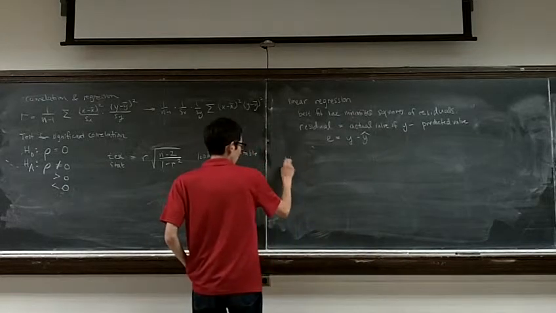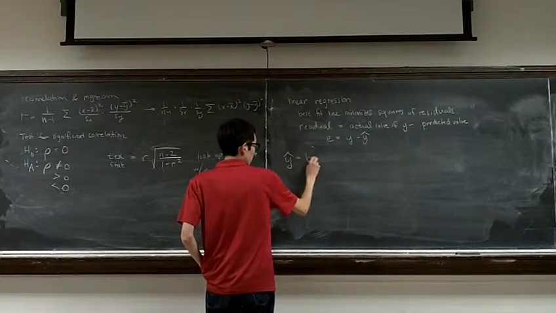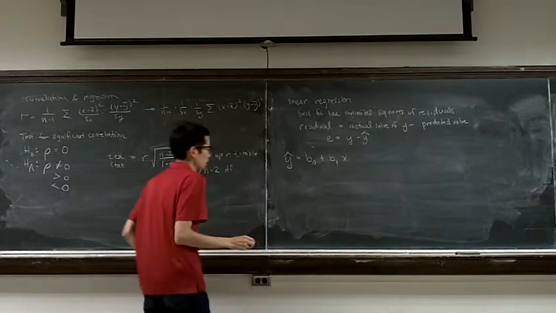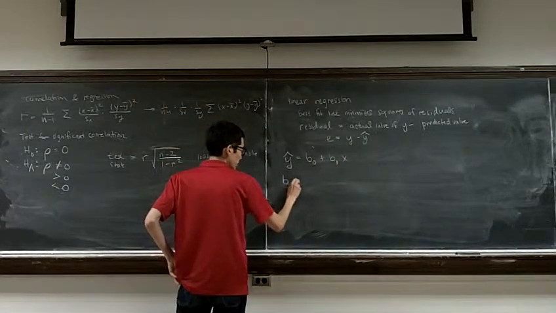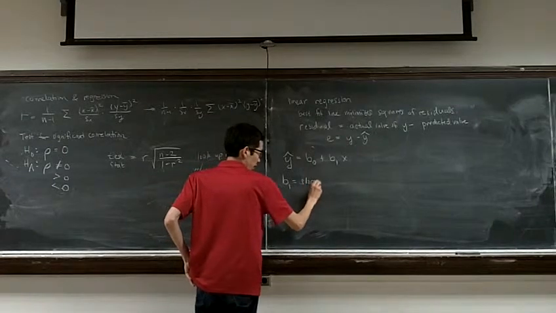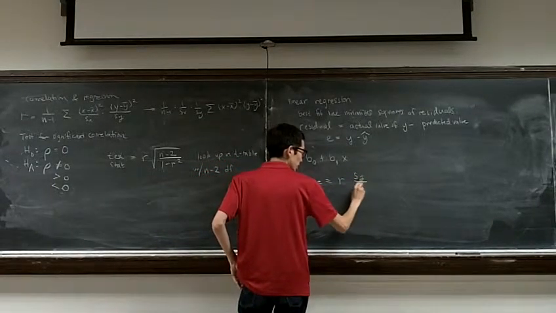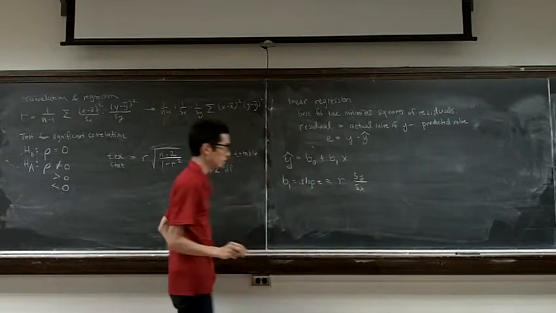The line of best fit, y hat, is v0 plus v1x. v1 is our slope, which equals r times the standard deviation of y divided by the standard deviation of x.